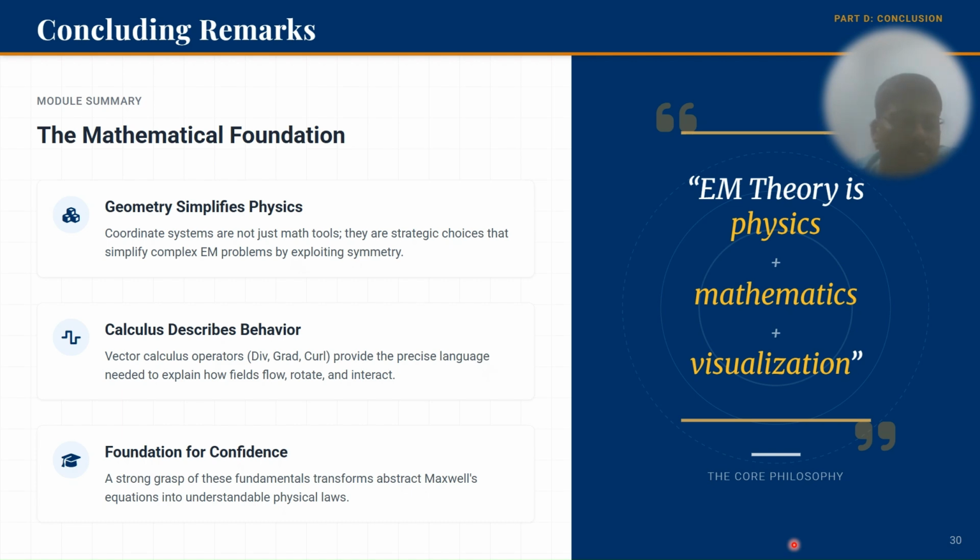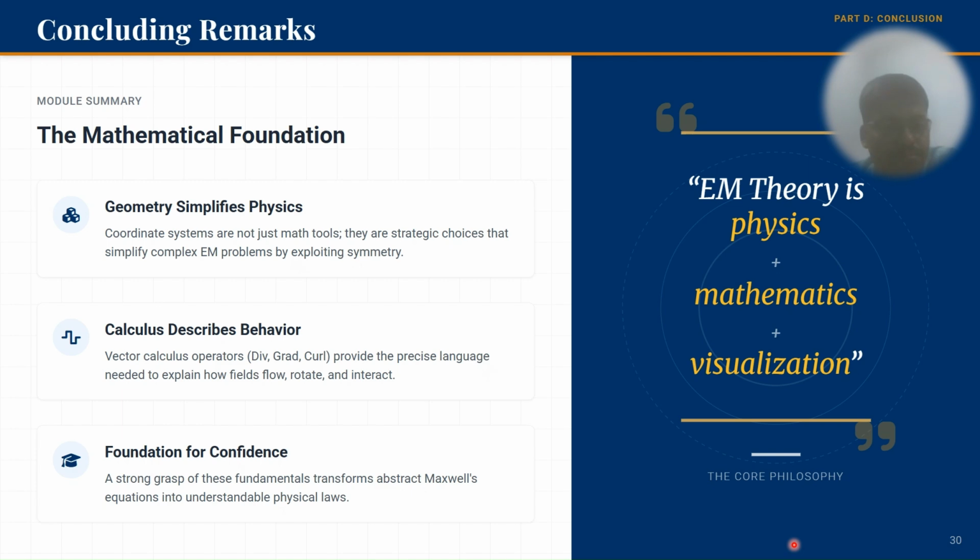The main concluding remark is the mathematical foundation. Geometry simplifies the physics: if we know the geometry, then we can apply physics properly. Calculus describes the behavior: if we need to calculate the behavior, we have to apply calculus.